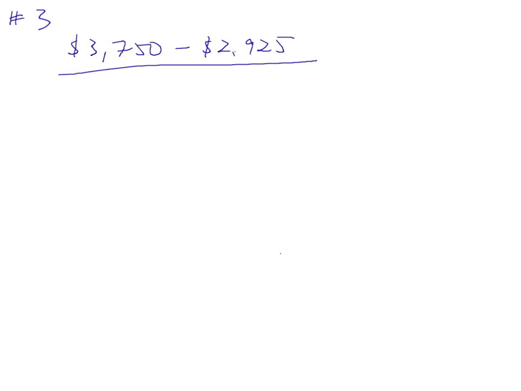We're going to divide that by the number of visitors, 2,375 visitors as the high number, minus 1,825 visitors. So when you do all of that math, you're going to get $1.50 per visitor.